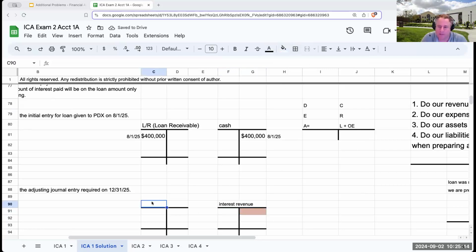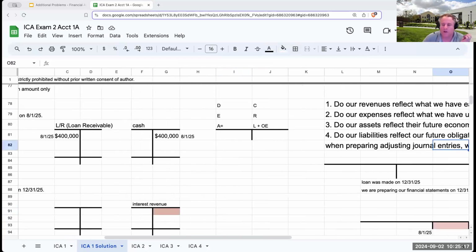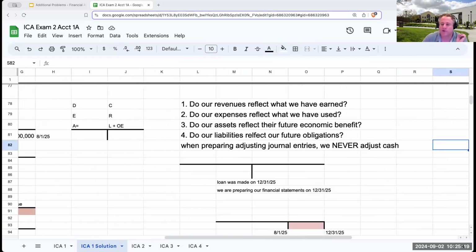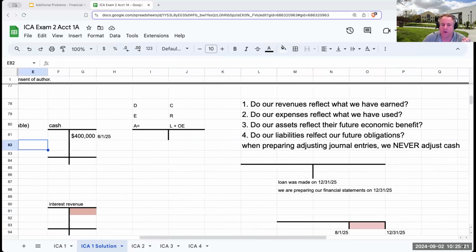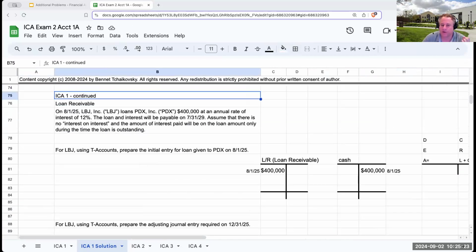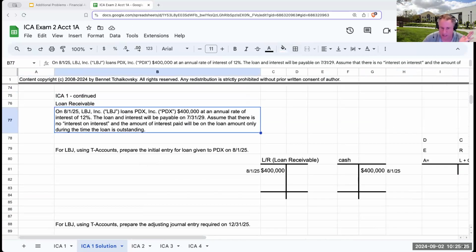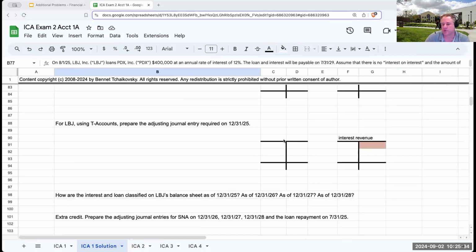But what am I debiting? Well, remember our big rule. When we prepare adjusting entries, we never adjust cash. Also for this over here, for LBJ, there's no interest on interest. But the loan and the interest will be payable to us on July 31st, 2029.